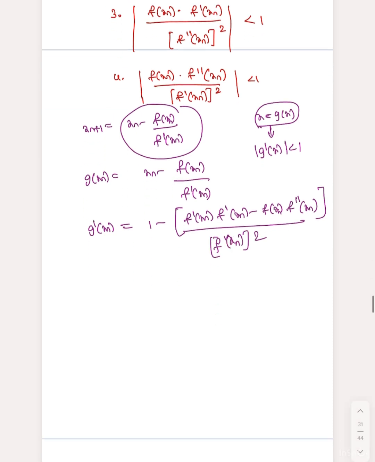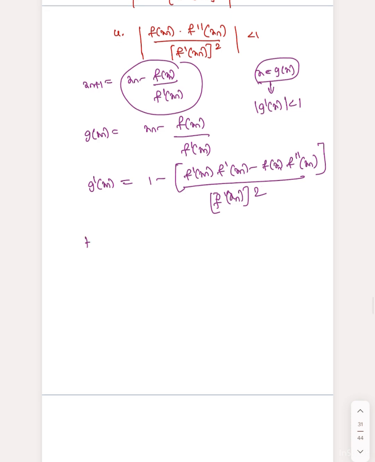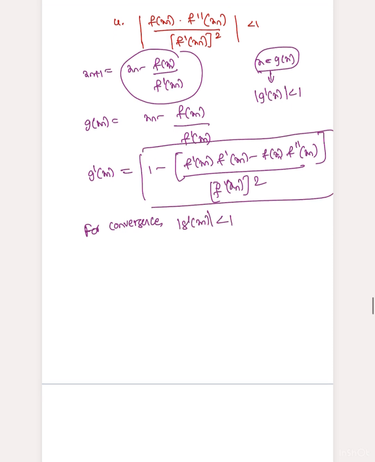So for convergence, modulus of g dash of xn should be less than 1. So we have to take less than 1 for this quantity. That is 1 minus f dash of xn to the power 2, minus, it will be plus f of xn f double dash of xn.